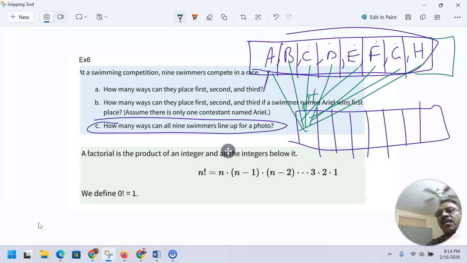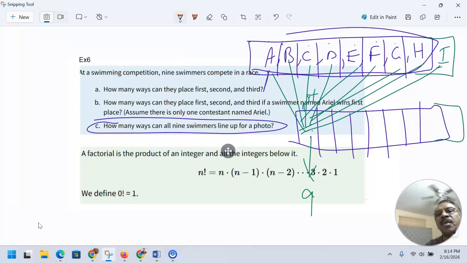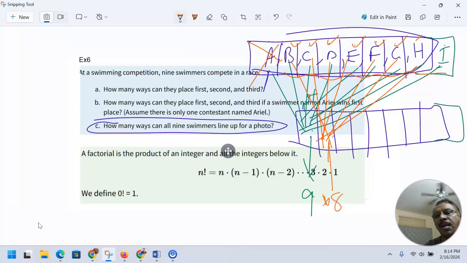There is 9, right? So it could be any one of these 9. So this will be 9. Then once that is done, one of them will be gone. So there will be 8 remaining. So this will be 8, like this.